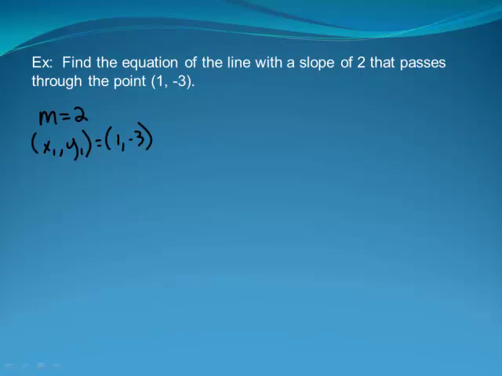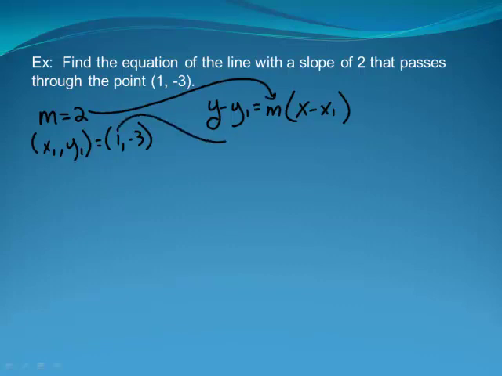So if we know that y minus y1 is equal to the slope times the quantity x minus x1, if we put the slope in for the slope and our 1 in for our x1 and our negative 3 in for our y1, we'll have an equation of a line which we can then manipulate to put it in whatever form we want.